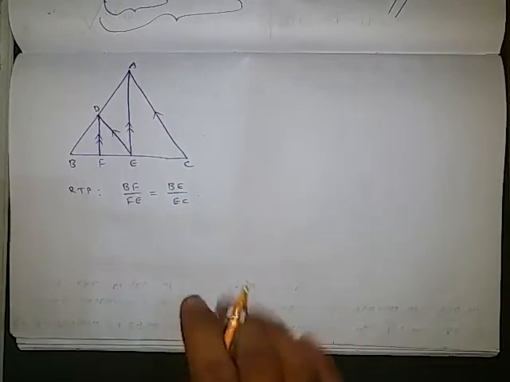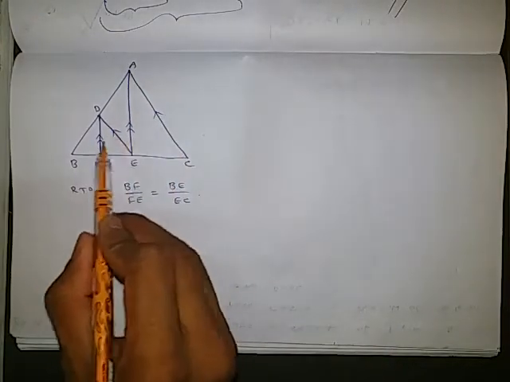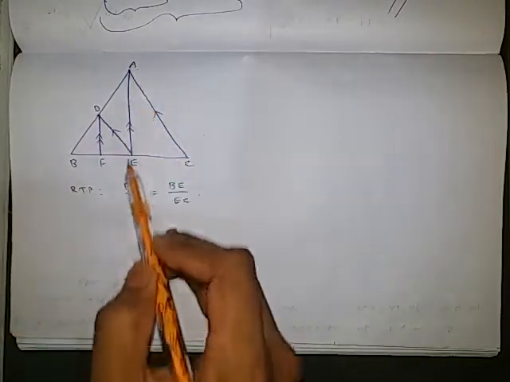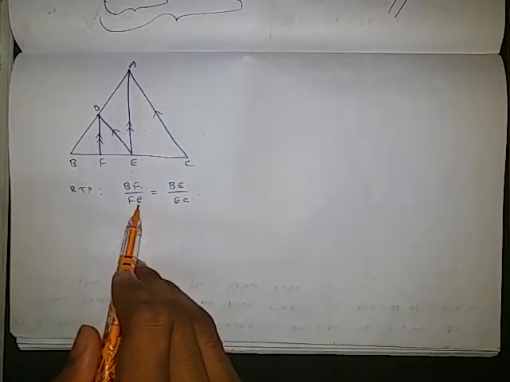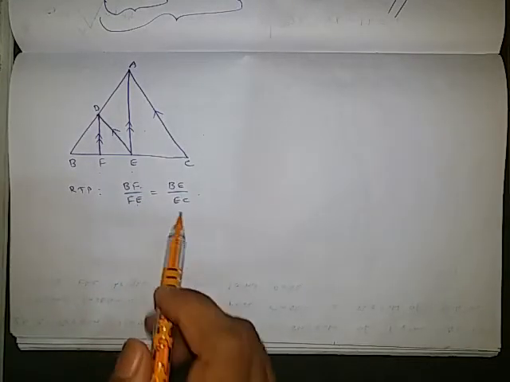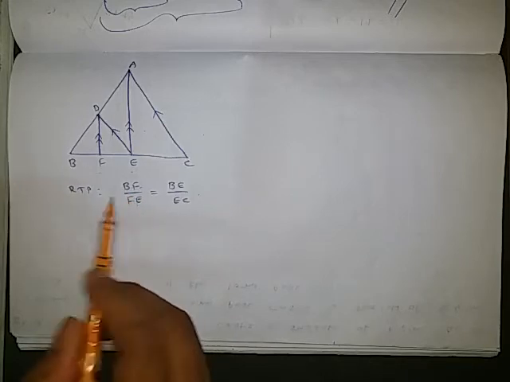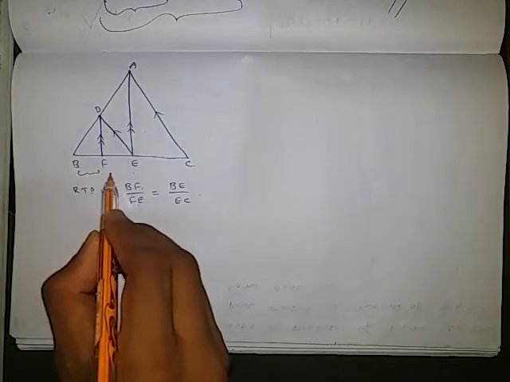We have one big triangle ABC. In that he made some lines and he is saying that these two arrows, DF is parallel to AE, and this single arrow, DE is parallel to AC, and he is asking to prove BF by FE is equal to BE by EC. If we observe this BF by FE, this is BF, this is FE.